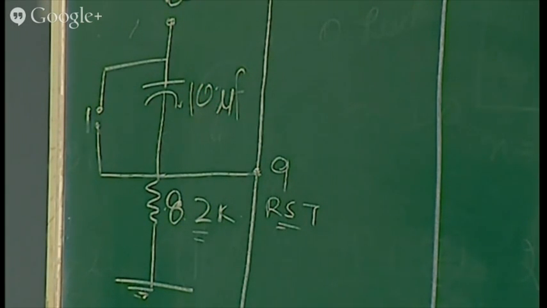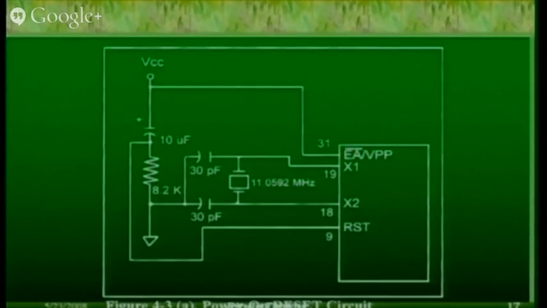Which ones? One is our reset circuitry, the second is ground. Actually, this circuit I'm talking about. In this circuit, one I have connected is on pin number 9, the reset circuit, and the other is on pin number 18 and 19, where I have connected a quartz crystal, that is your oscillator circuit.